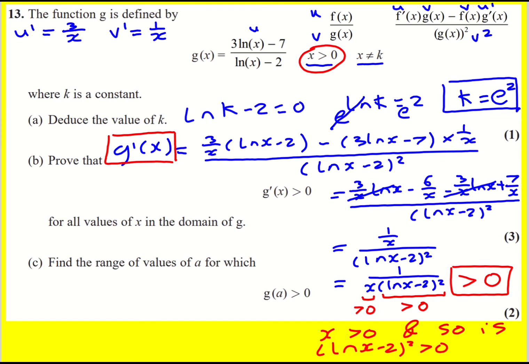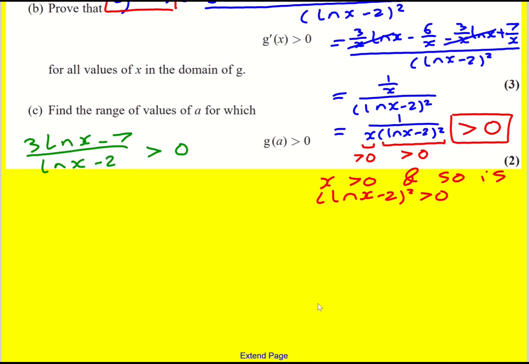Part C, we're then asked to find the range of values of a for which the function is greater than 0. Okay, so I'm going to construct an inequality now. So 3 ln x minus 7 over ln x minus 2 is greater than 0. Now, just be careful here. You can't just times through by ln x minus 2 because it could be negative, and that changes the whole dynamic with an inequality.